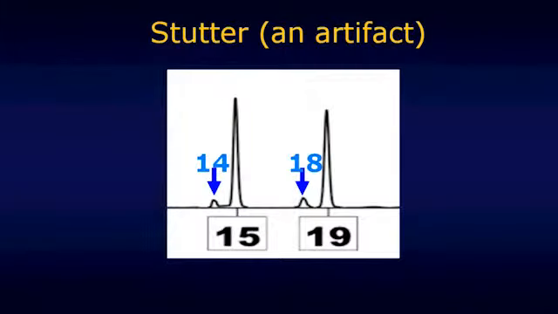They're fairly easy to recognize because stutter peaks tend to be found in the position immediately before the peak that gave rise to them, and they tend to be much smaller in height, or area if you prefer to look at your peaks from that perspective. So these two peaks, the 14 and the 18, are fairly easily identified as stutter peaks.